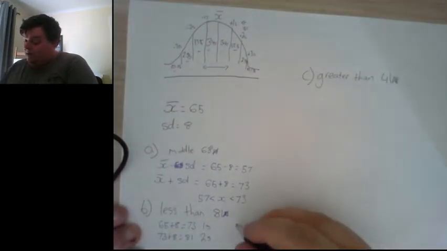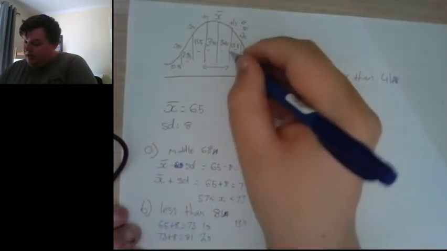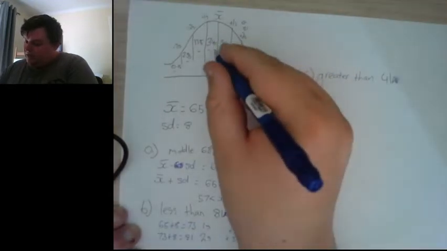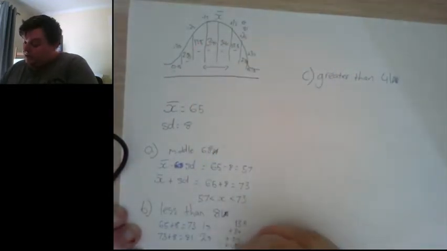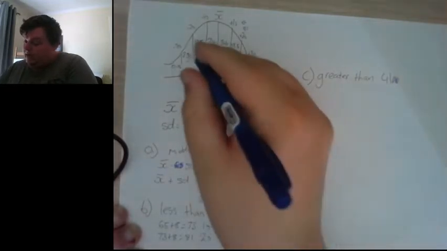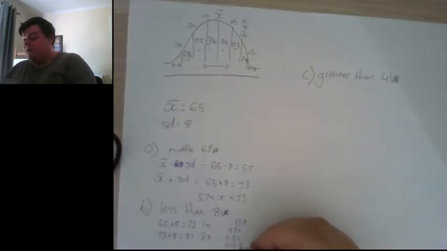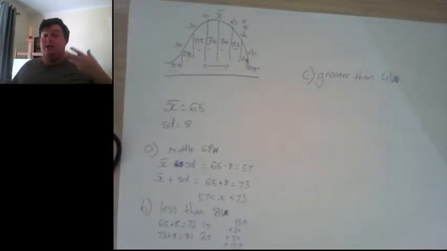So we have 13.5, which is this section here, plus 34, plus 34 for those two, plus 13.5, plus 2.35, plus 0.15. And you can punch that whole thing into your CAS and it will spit out the answer.